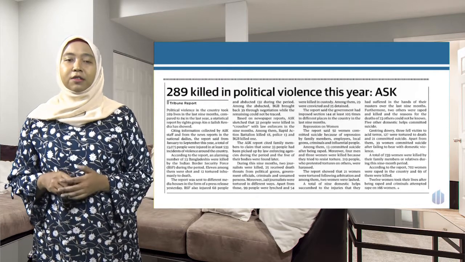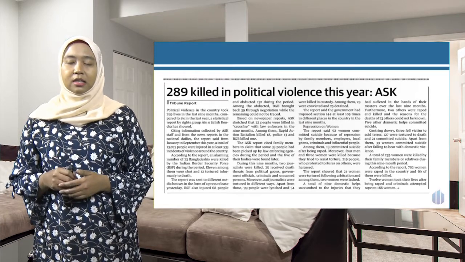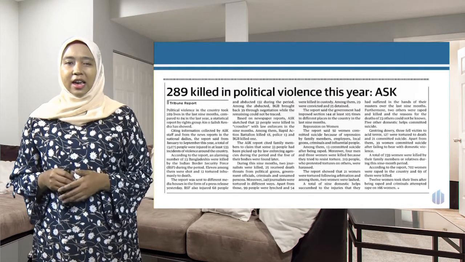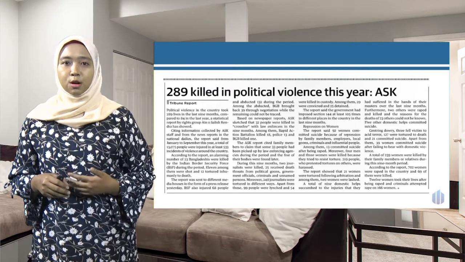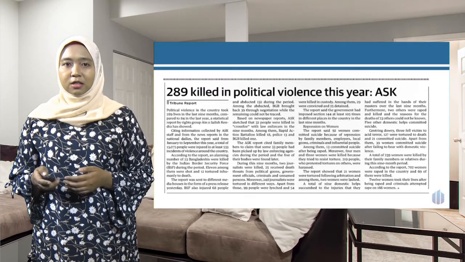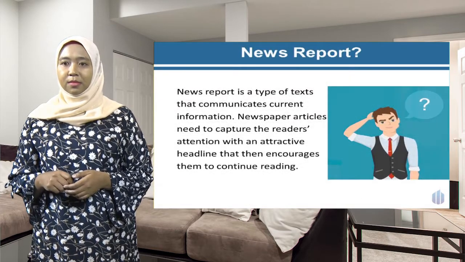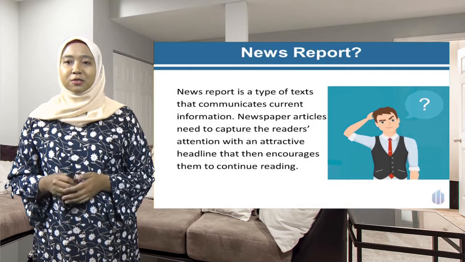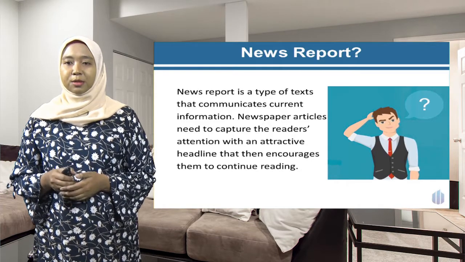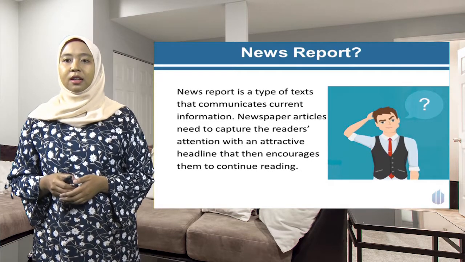As we know, if we report something, it means that the event in that report has happened before you wrote the article. Let's discuss more about news reports. Actually, what is a news report? Here, a news report is a type of text that communicates current information.